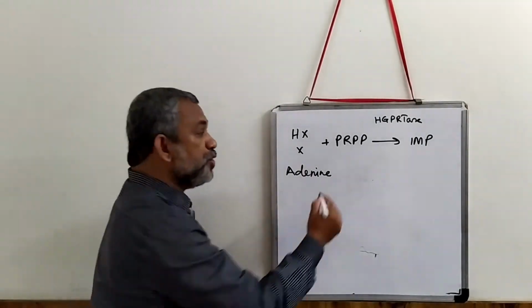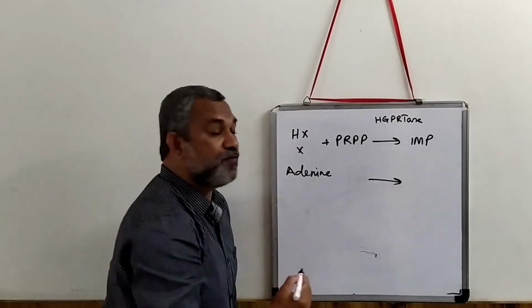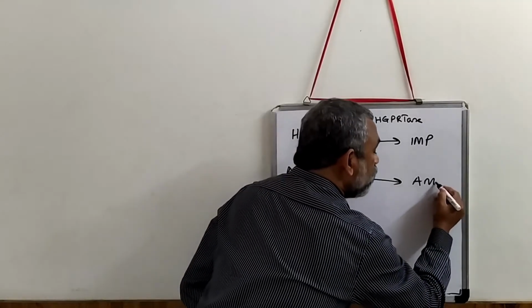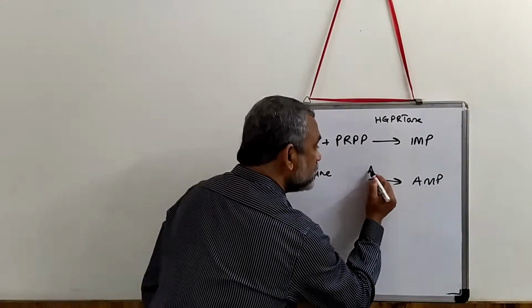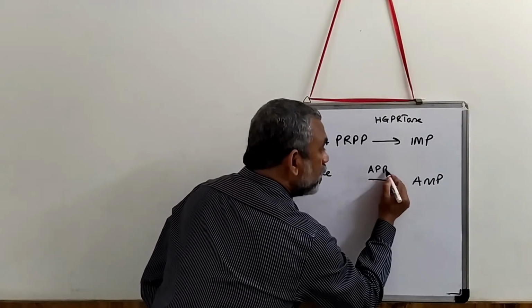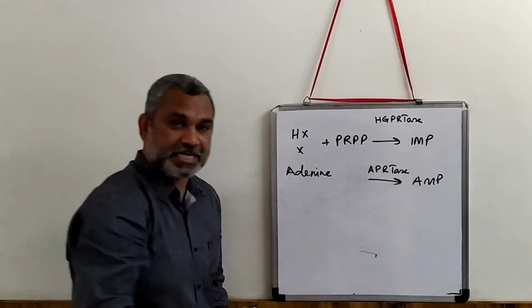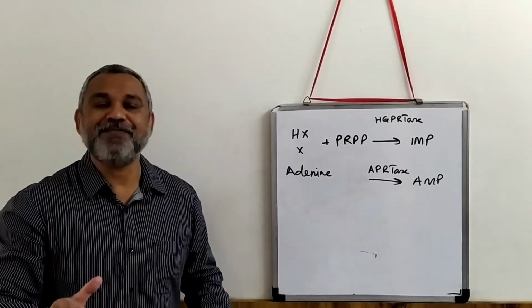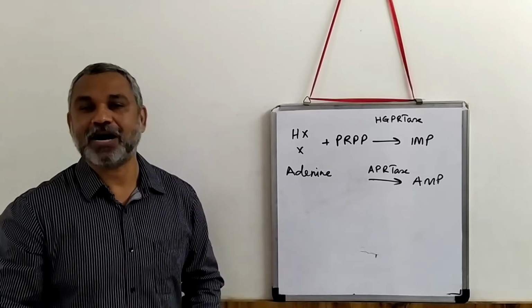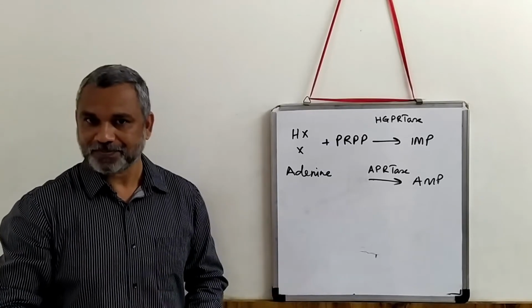Similarly, to adenine you add PRPP, and you will get adenosine monophosphate, catalyzed by the enzyme adenine phosphoribosyl transferase. So by using these two enzymes, the salvage pathway is carried out for purines.